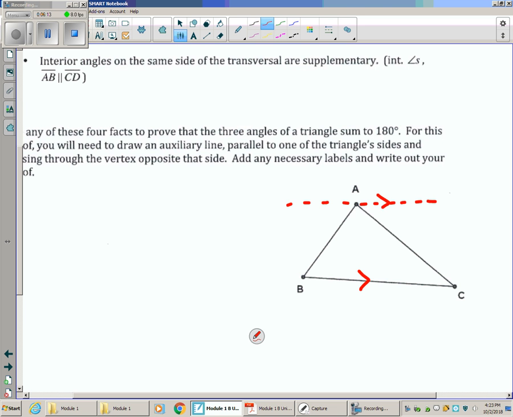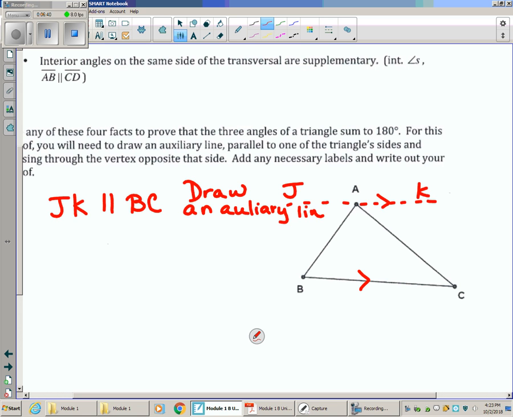So you're given that, we could call this JK. So you're given that JK is parallel to BC. You could say draw an auxiliary line. Or you could say a given in this case, okay?